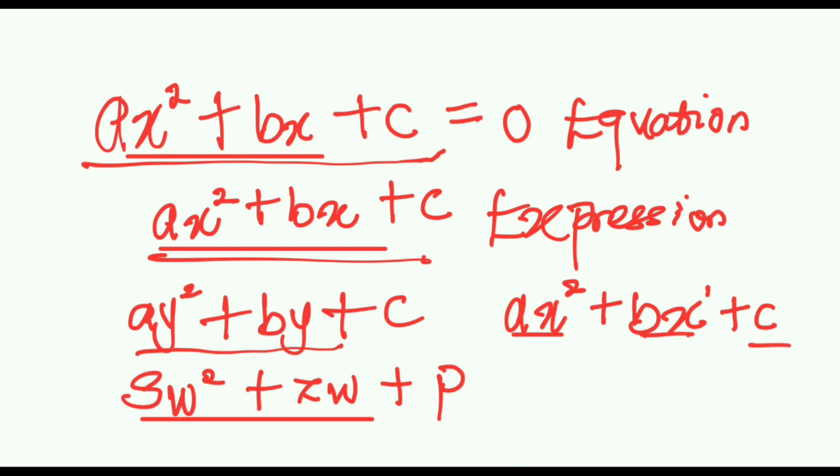So every quadratic equation is arranged according to its degree, from the highest degree down to the least degree. So if a quadratic equation is given to you and it is scattered, then the first thing to do is to arrange the terms according to their degree, from the highest degree down to the least degree.